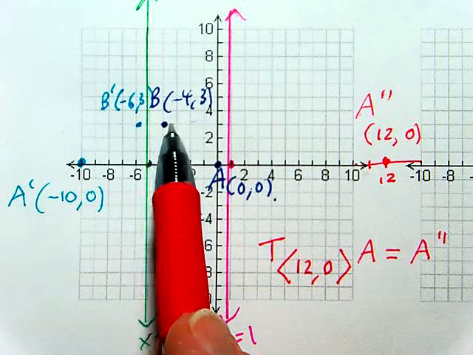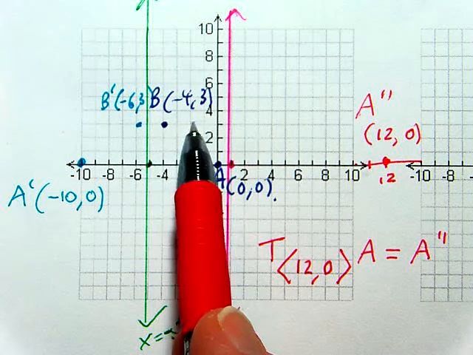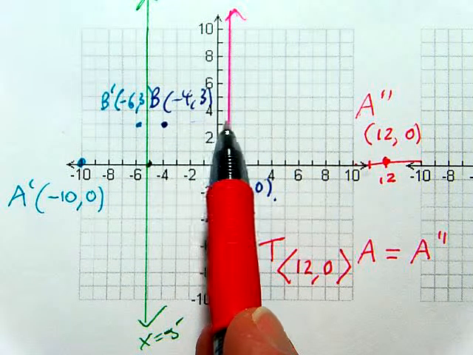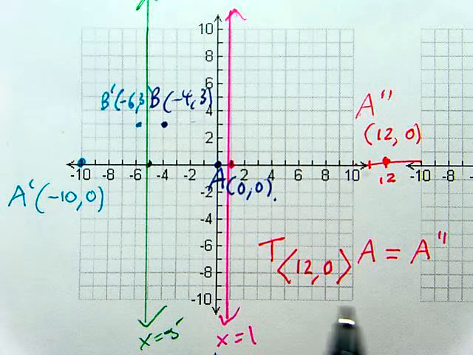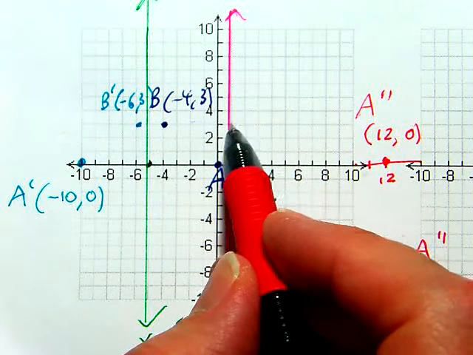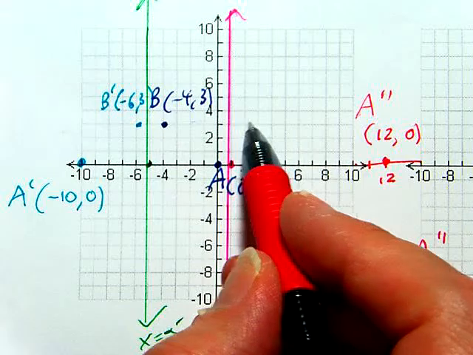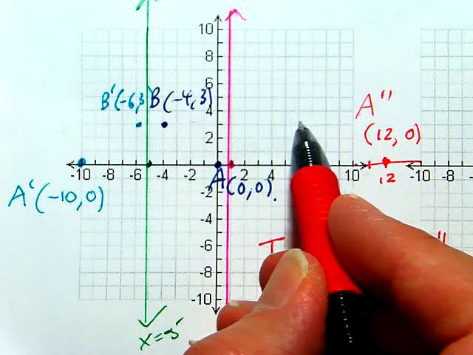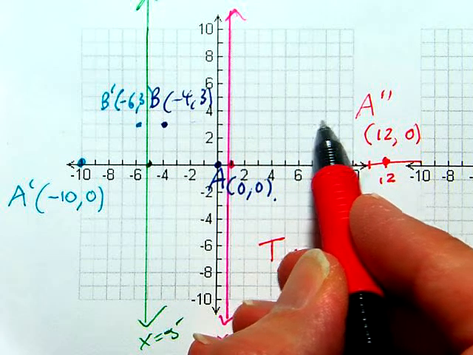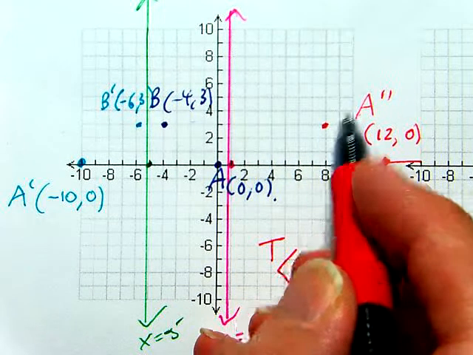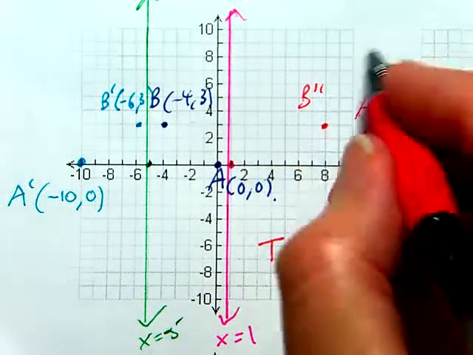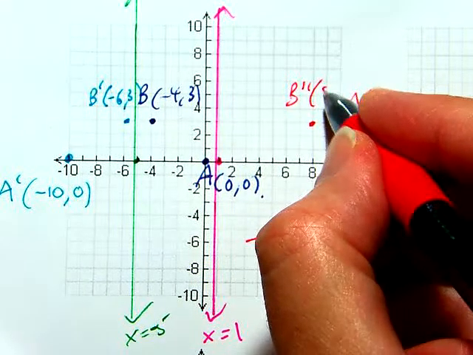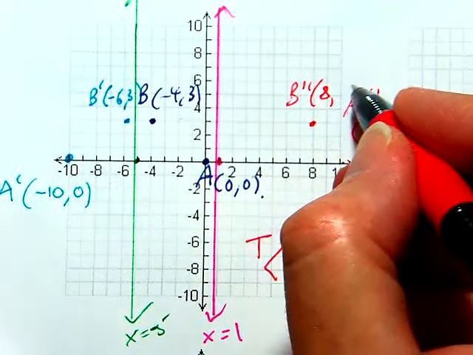It's 1, 2, 3, 4, 5, 6, 7 to the left. So in order to reflect it, we have to make it 7 to the right: 1, 2, 3, 4, 5, 6, 7. This is going to be our B double prime, at point 8, 3.